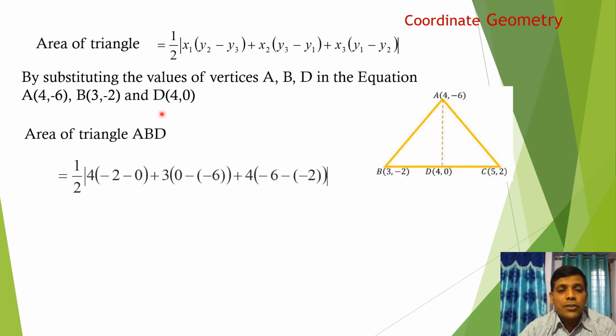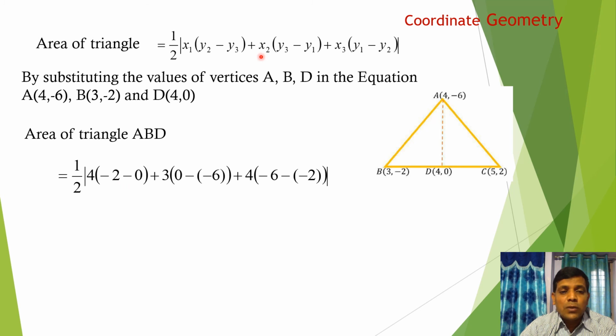Area of triangle ABD equals half mod of x1 into y2 minus y3, plus x2 into y3 minus y1, plus x3 into y1 minus y2. x1 means 4, y2 equals minus 2, y3 equals 0, so minus 2 minus 0.